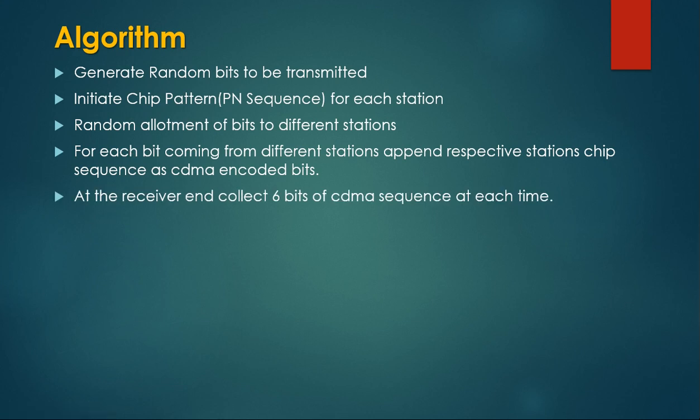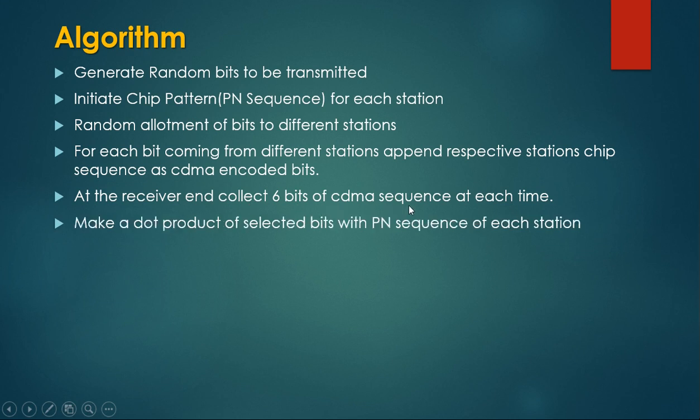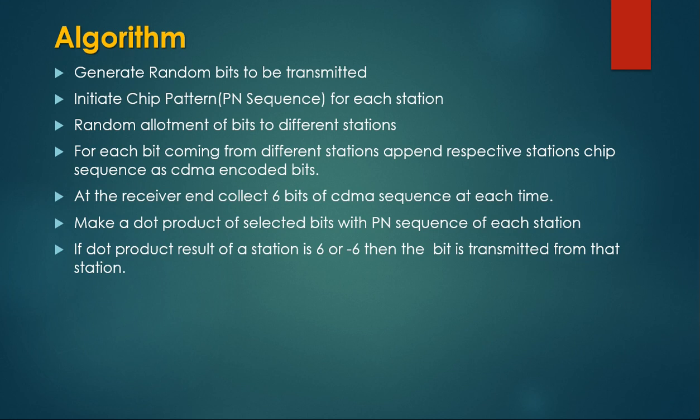Other than that, at the receiver end, we will collect 6 bits of CDMA sequence at a time and make a dot product of the selected bits with the PN sequence of each station. Then if the dot product result of a station is 6 or minus 6, it is clear that the bit is transmitted from that particular station.